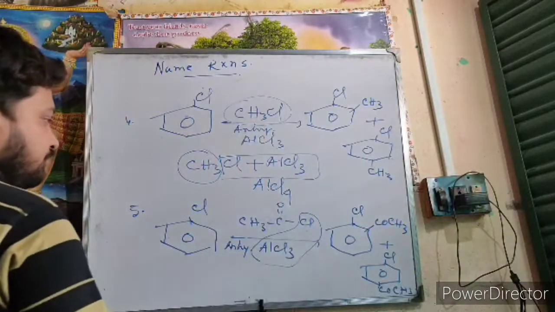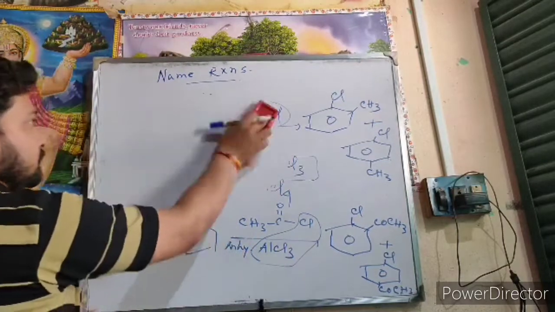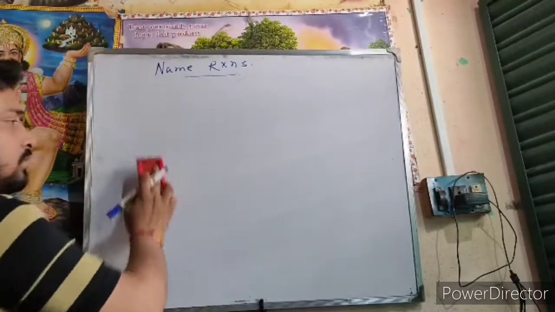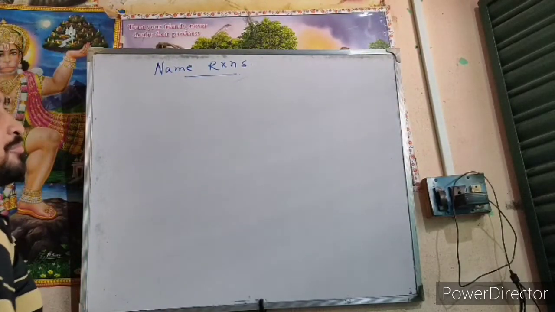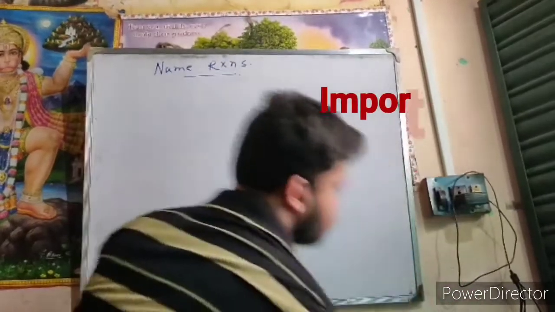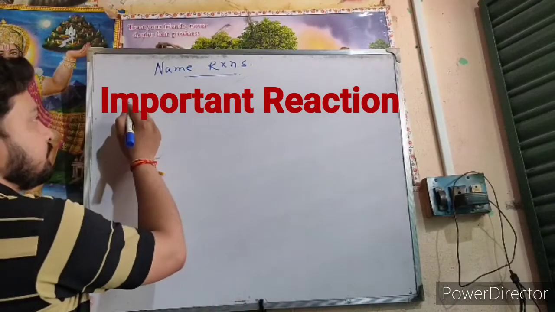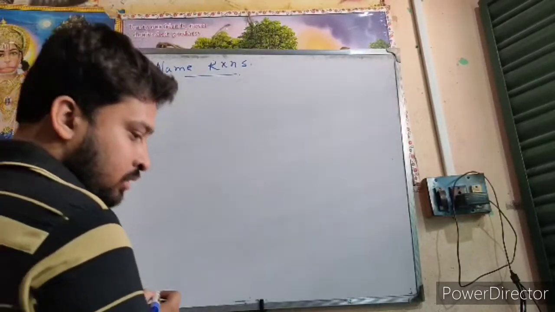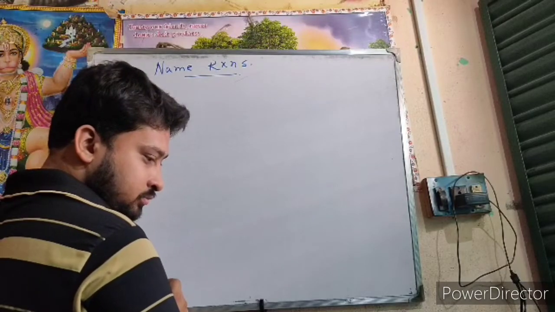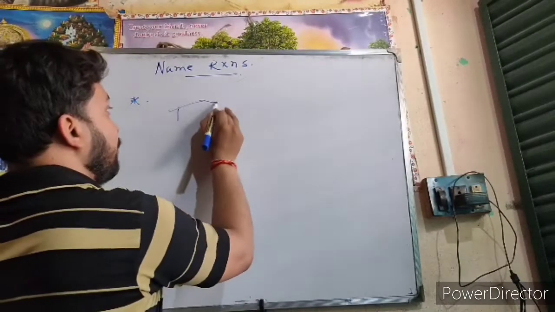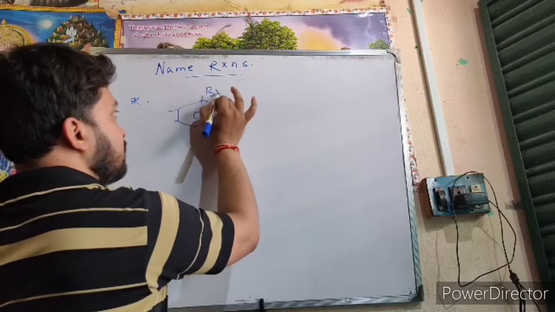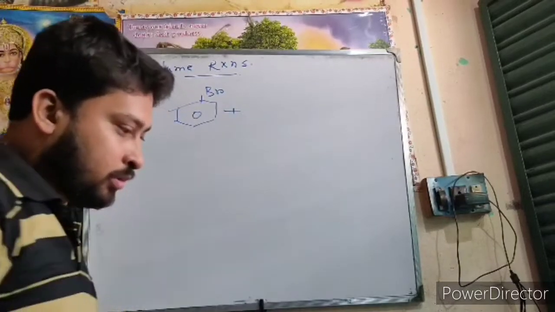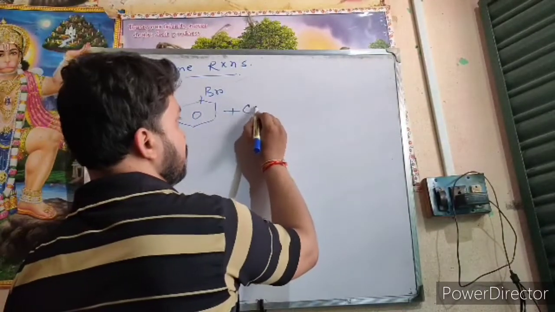Now some important reactions. The next problem is you can take bromoarene or bromobenzene with the presence of CuCN, pyridine and heat.